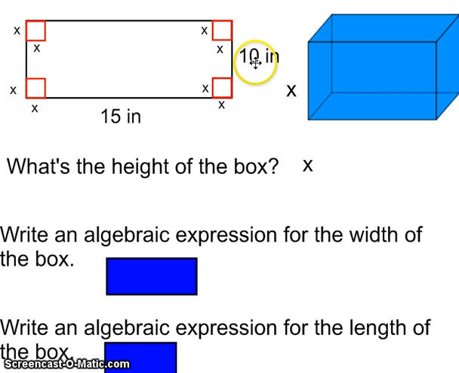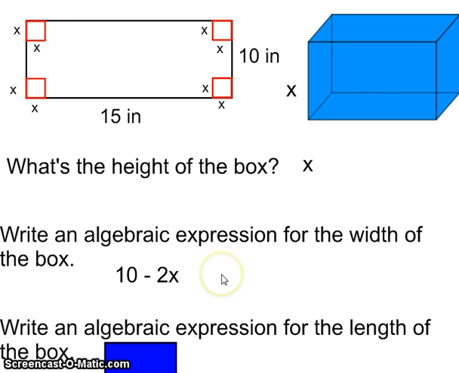Alright, well, we start again with 10, take away one X, take away another X. The algebraic expression for the width of the box is 10 minus 2X.